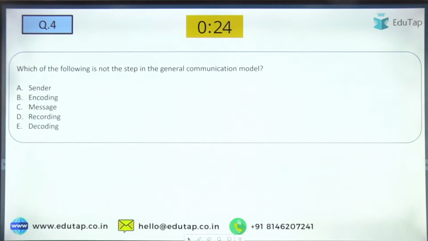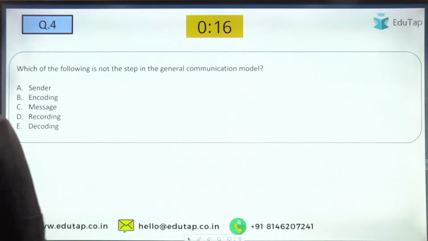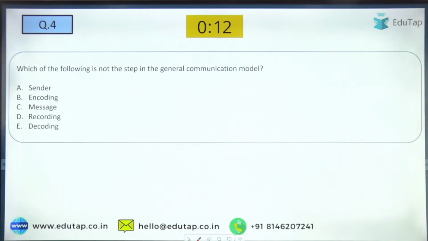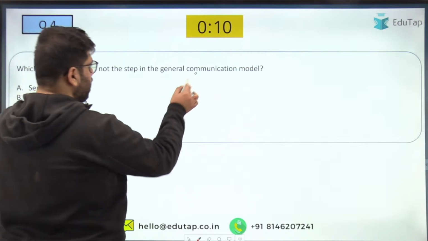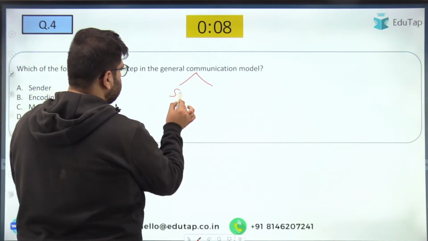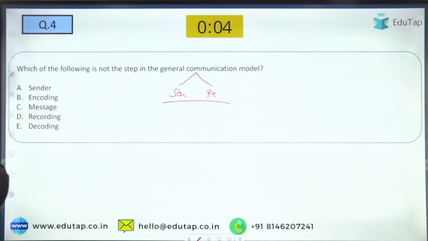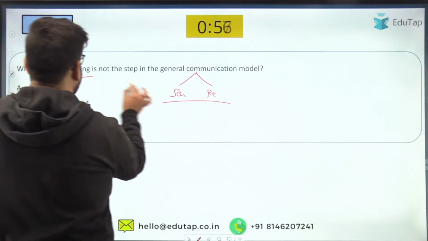Please answer this question. You all know that the communication model basically has multiple steps, but there are two parties, your sender and the receiver. Now tell me which of the following. If you go wrong in this question, then definitely it's heartbreaking. Question number 4. Which of the following is not the step?